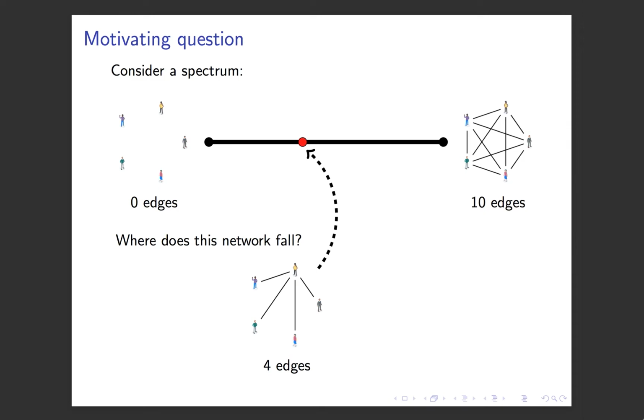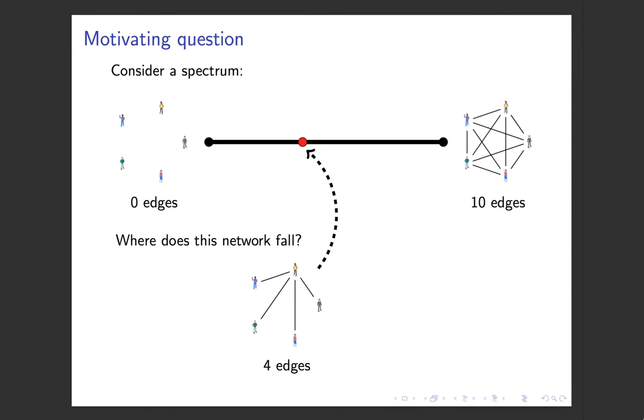If instead we were trying to consider a network with 6 nodes, it could have a maximum of 15 edges if we consider a complete network with 6 nodes. So if we consider networks with 6 nodes, there would be some networks that wouldn't fall on the spectrum if we go only from 0 to 10. So we need an approach that will fix this ambiguity, because oftentimes we'll want to be able to compare networks that have different numbers of nodes.